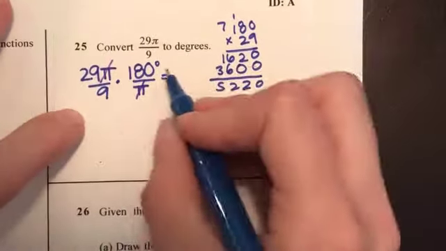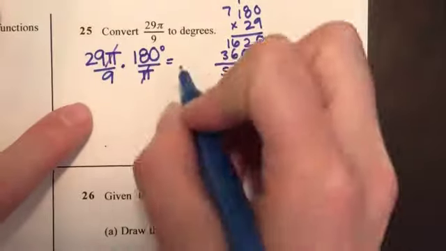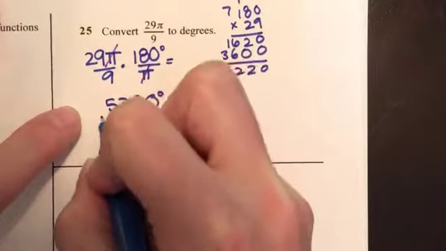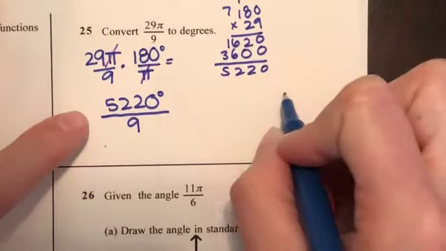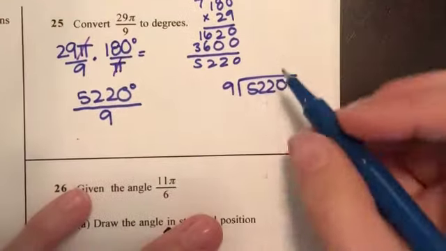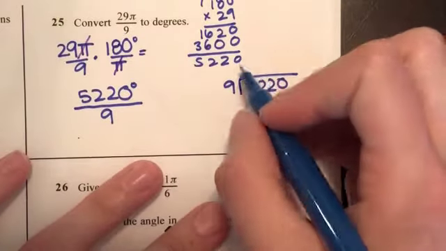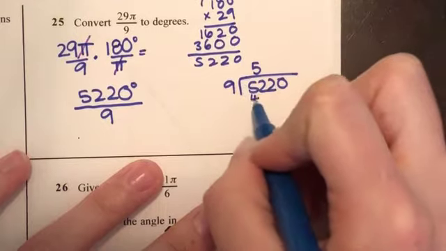So multiplying across, 29 times 180 degrees gives us 5,220 degrees over 9 times 1, which is 9. So now I'm going to take 5,220 and divide by 9. 9 doesn't go into 5, but 9 can go into 52 5 times. 9 times 5 is 45.